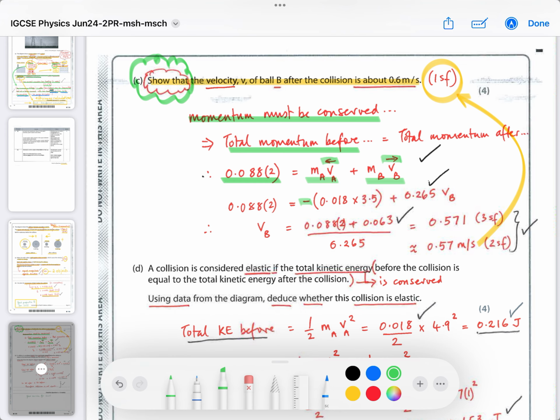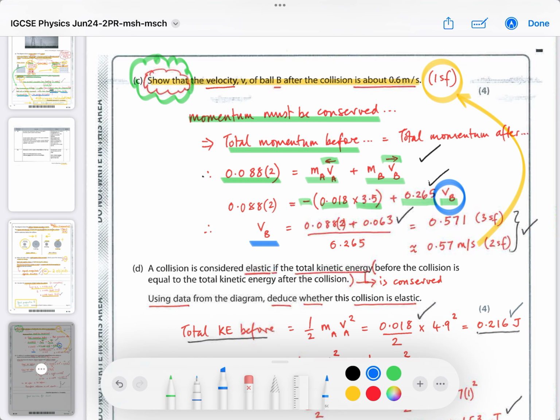We know the momentum before. You put the mass of A multiplied by the velocity of A, but in the negative direction, so outside the brackets. And then we know the mass of B, but we don't know the velocity of B. So the only unknown is vB. Now, if you can change the equation around to make vB the subject, you'll probably get a mark for doing that.